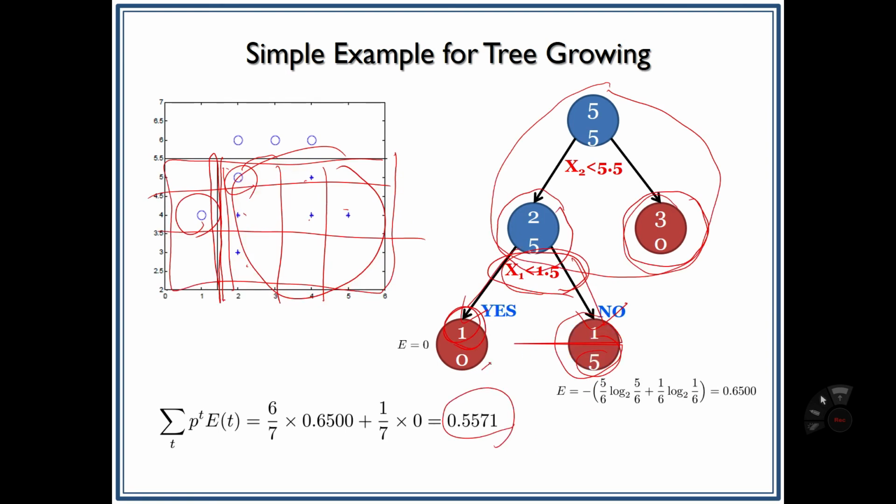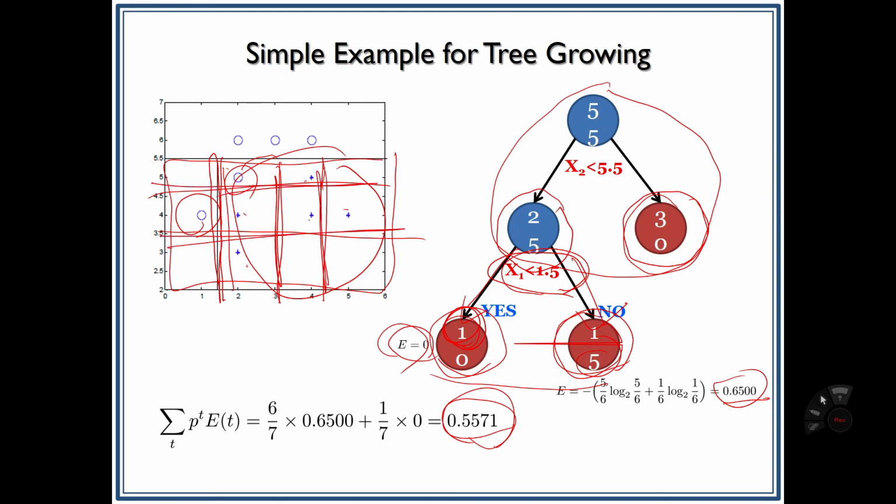The entropy of this node is 0 because there is only one class 1 object, and the entropy of this node is 0.65, and the weighted average of these two information entropies is 0.5571. Okay, and we compute this for this split, and this split, and this split, and the best split, which corresponds to the minimum value of this quantity, is in fact this split.